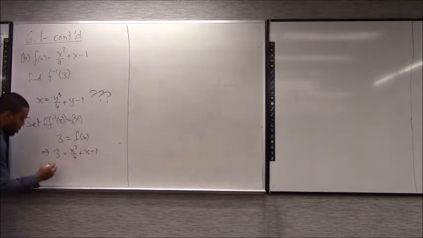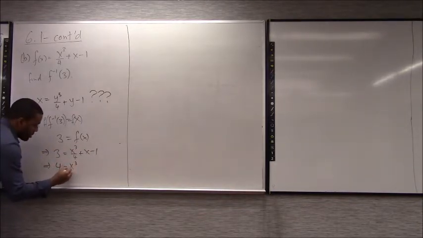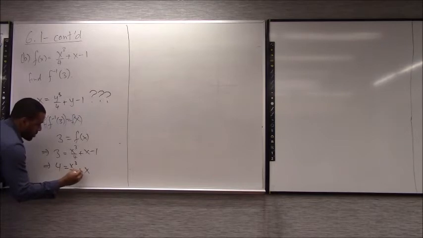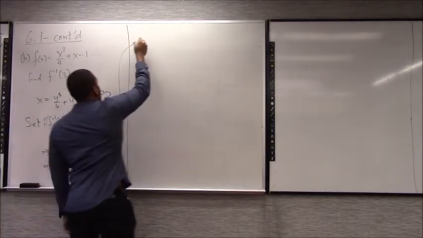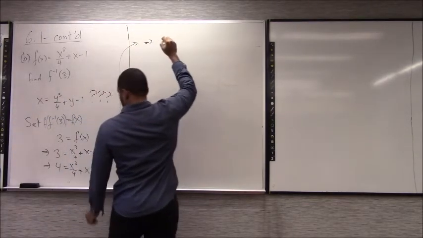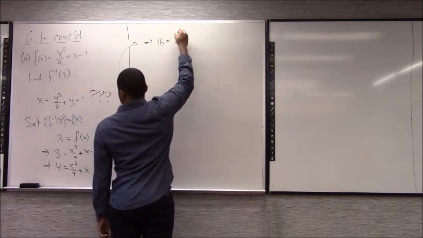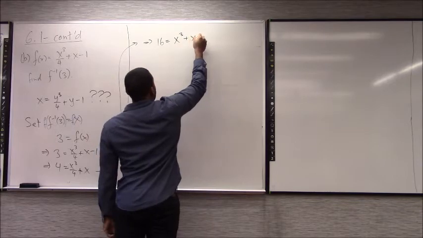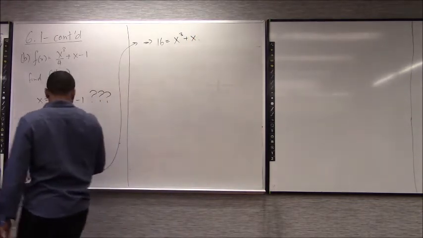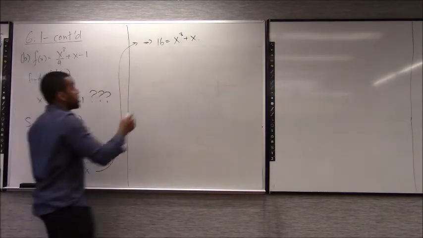But you can add 1 to here, and then multiply by 4. 16 is equal to x cubed plus 4x.